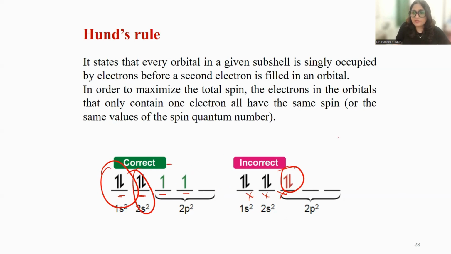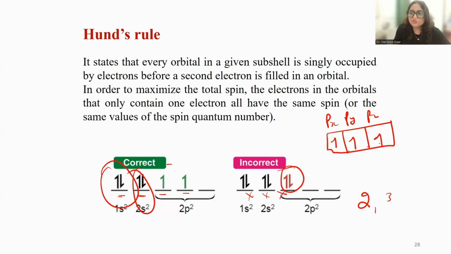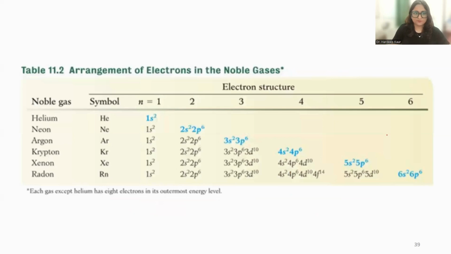But in the p orbital, every orbital has the same energy level: Px, Py and Pz. So if you want to put 2 electrons, then 1, 2. If you want to put 3 electrons, then 1, 2, 3. But if you want to put 4 electrons, then 1, 2, 3, and then the fourth pairs up like this. The orbitals that contain only 1 electron will have the same spin. So this is how we can explain Hund's rule.